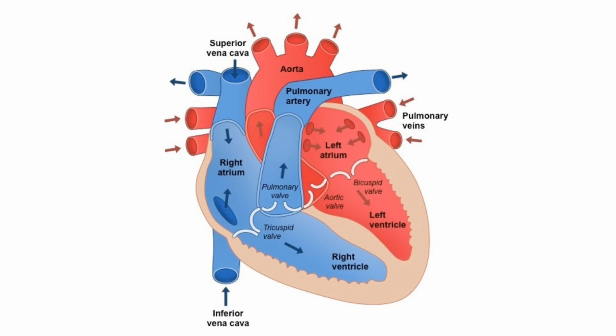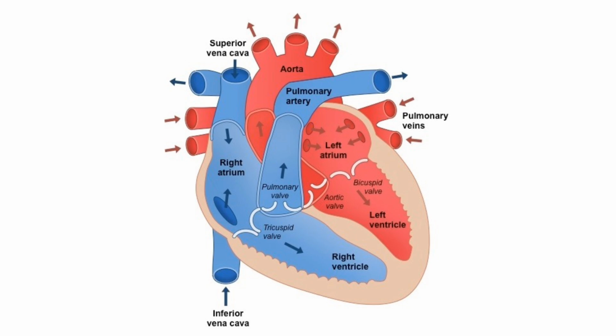The function of the pericardium is to protect our heart, and the function of the pericardial fluid, which is present inside the pericardial cavity, is to keep our heart lubricated.